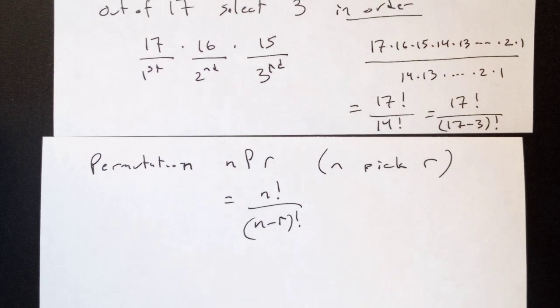If I get those 2 cards, then I really only care about getting 2 of them. So I would do 52 P2. And that would be 52 times 51.